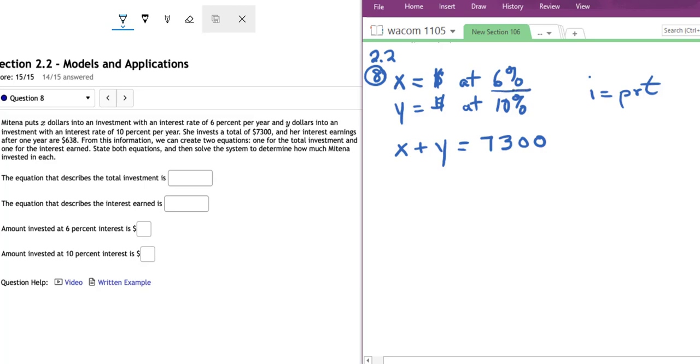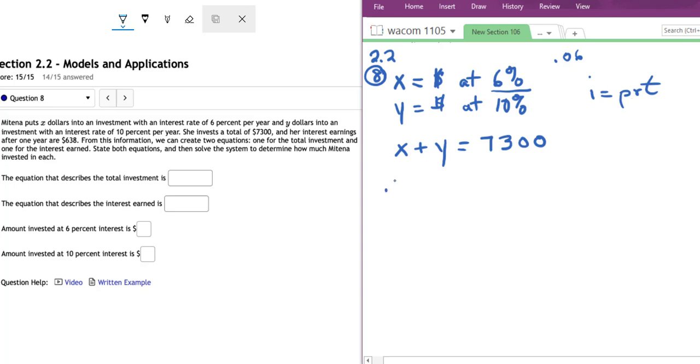Now you have to change these percentages to a decimal. So drop your percent and go 2 places to the left. So this will be 0.06 times X, which is how much you're earning at the 6%.